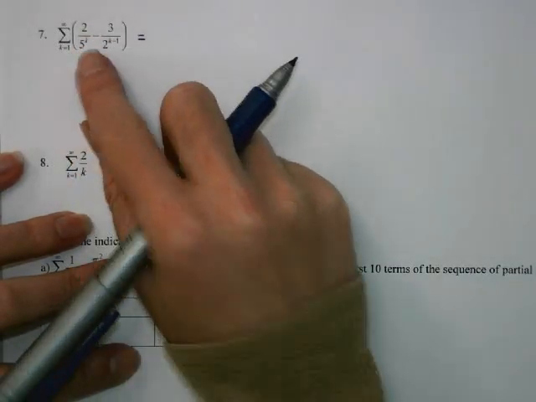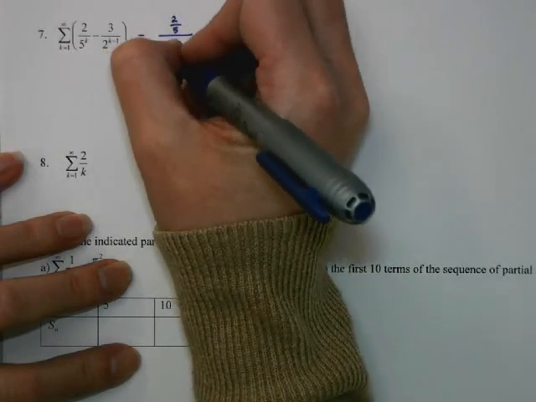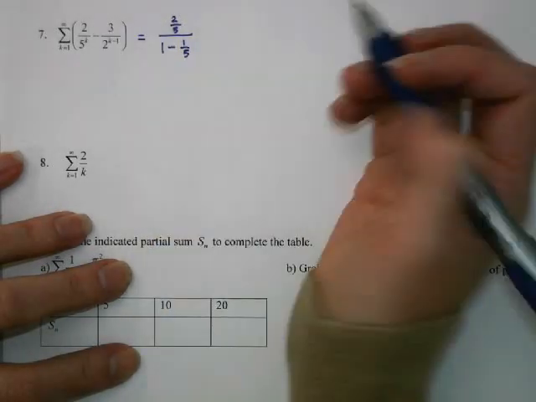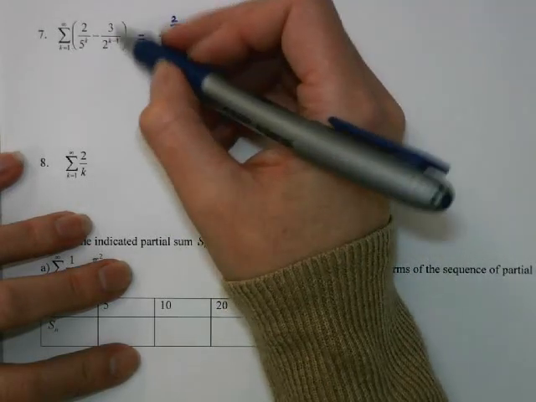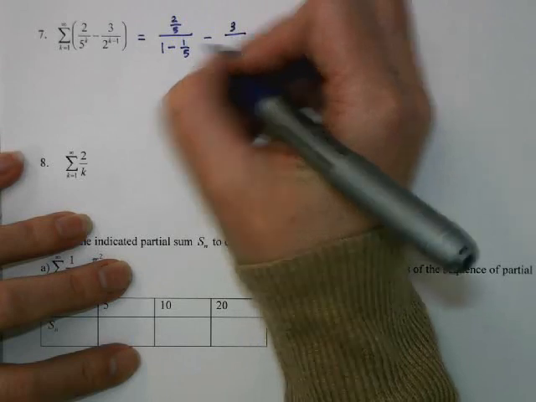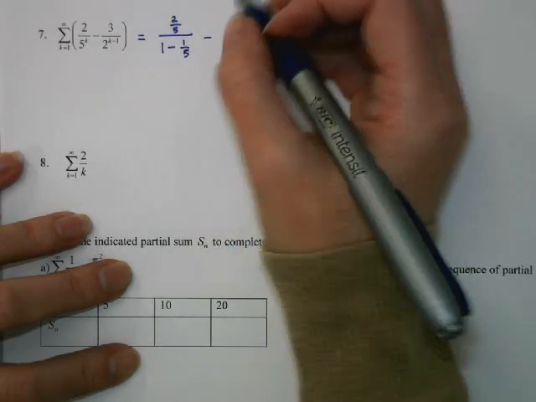So this one's a1, if I plug in 1, is going to be 2/5 over 1 minus its common ratio, which is going to be 1/5, because the 2 isn't in the parentheses. Minus, if I plug in a 1 here, we're going to get a 3 over 2 to the 0, which is just 1.